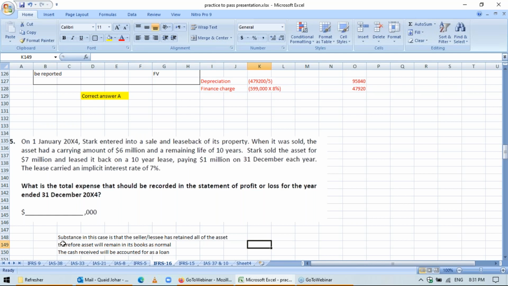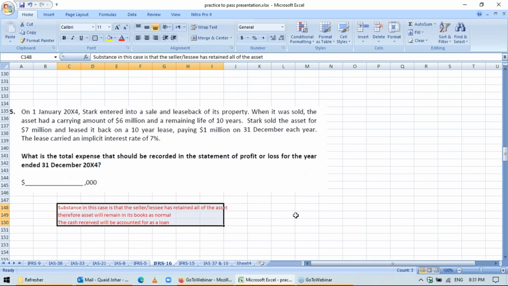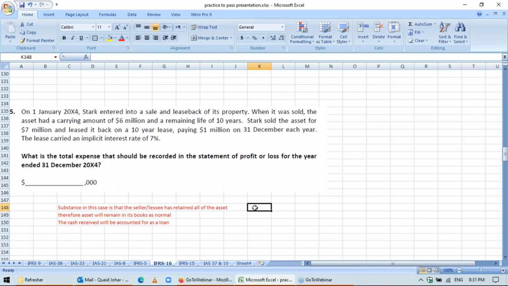So this is the substance of this transaction. So how did we identify that all of the asset is controlled? The leaseback is equal to 10 years, which is the asset's remaining life.